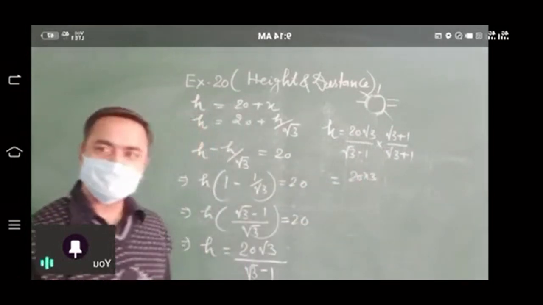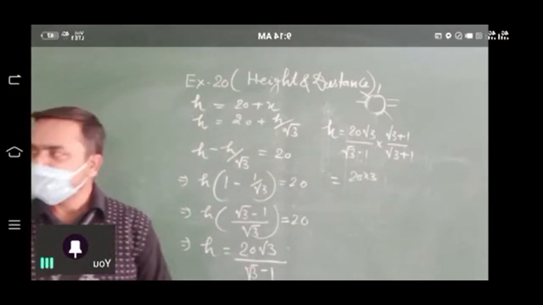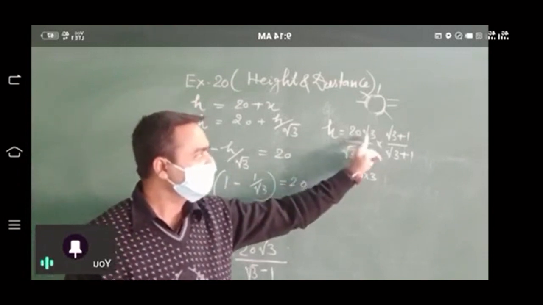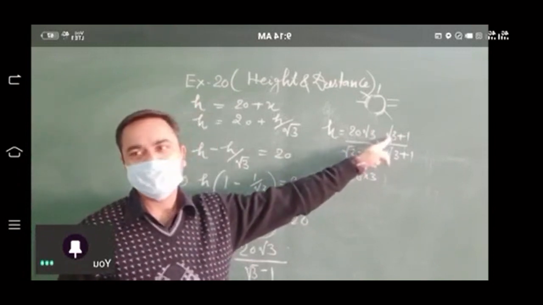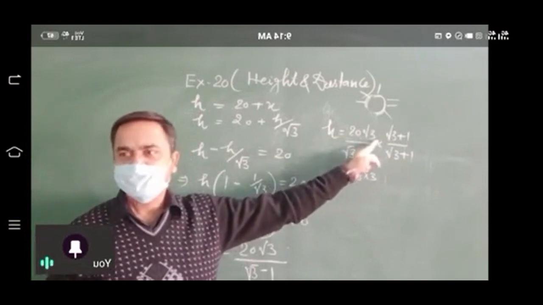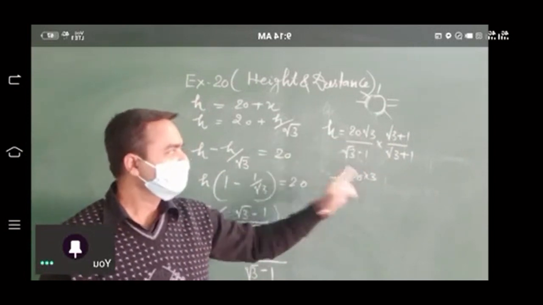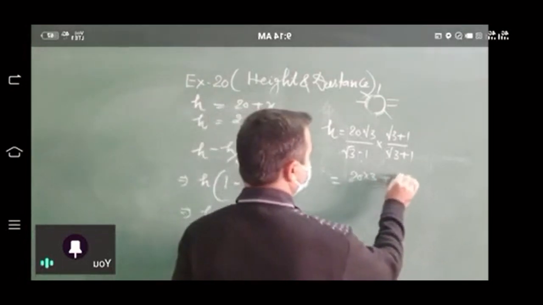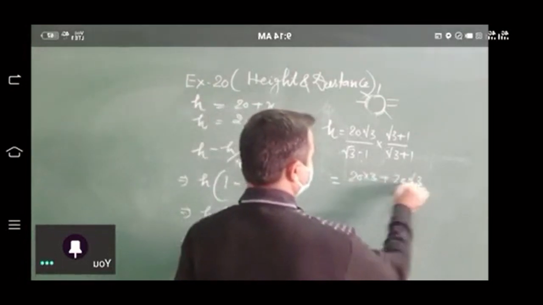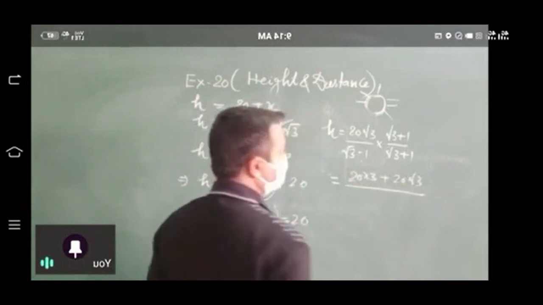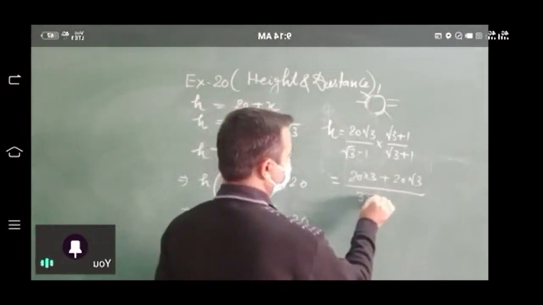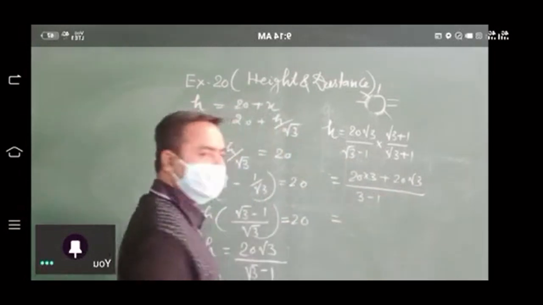Clear? So 3 into 20 plus 20 under root 3, total divided by under root 3 square minus 1, that is equal to 2.